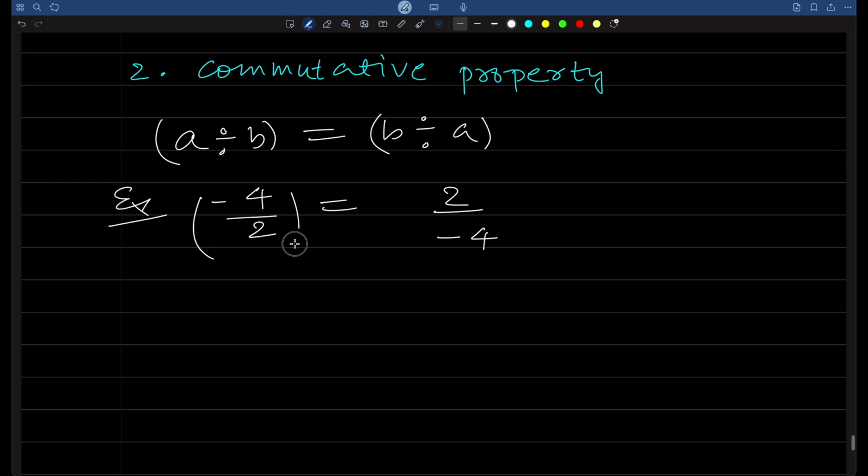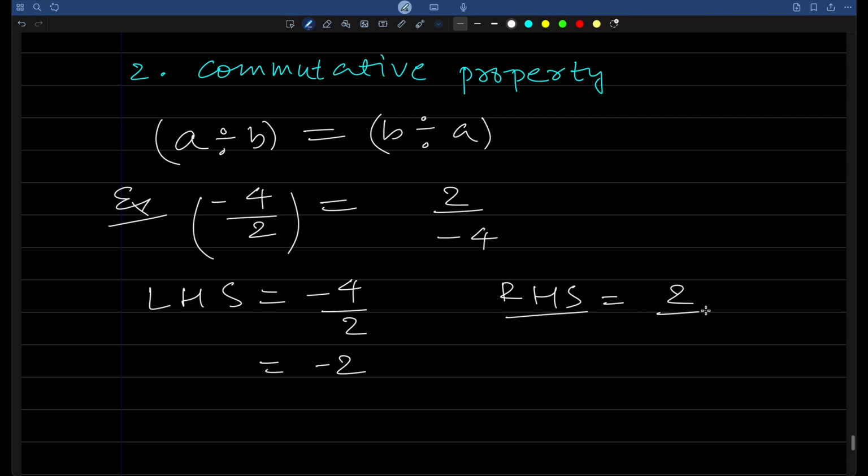If we see LHS, -4 divided by 2, that is equals to -2, but on the right hand side, 2 divided by -4, that is equals to -1 divided by 2.